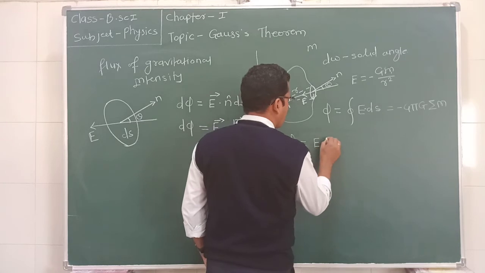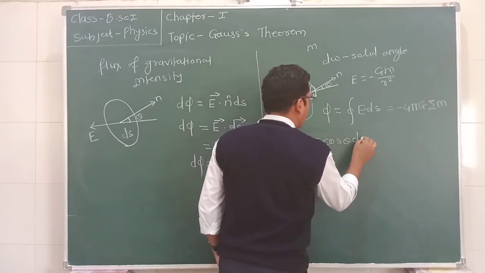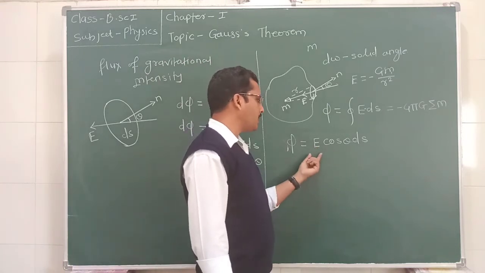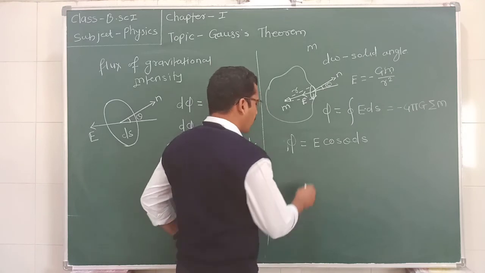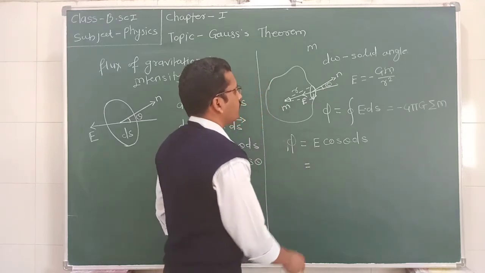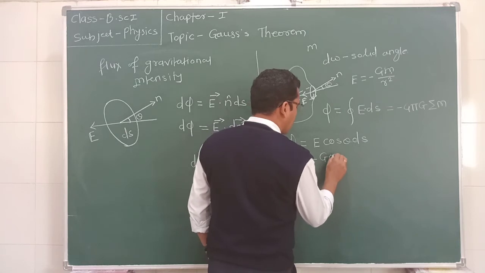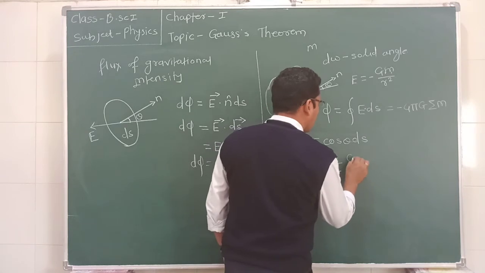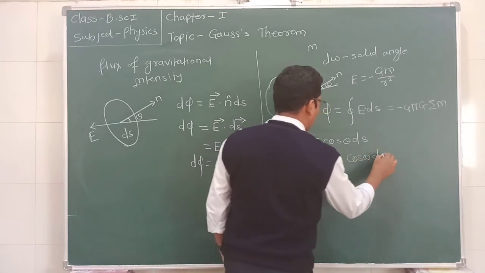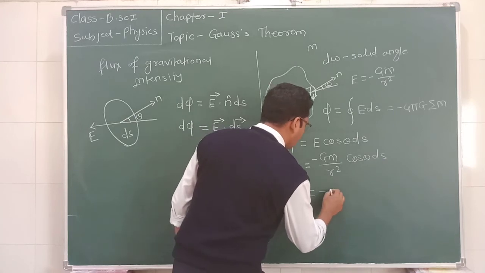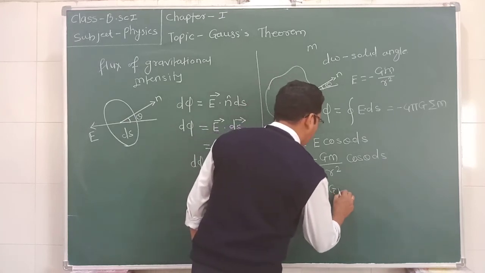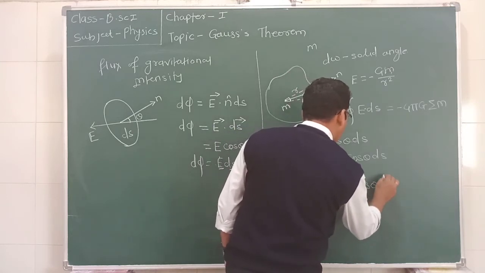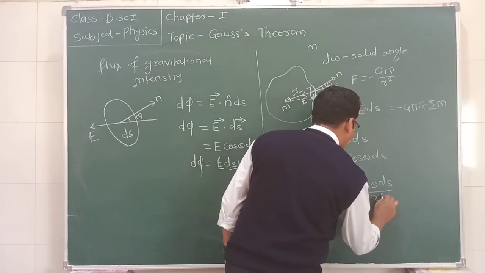It is E cos theta ds, but what is this E? E is nothing but the gravitational intensity passing through the surface ds. So we can write the value of this E, which is equal to minus Gm divided by r square, multiplied by cos theta multiplied by ds, or we can write minus Gm cos theta ds divided by r square.